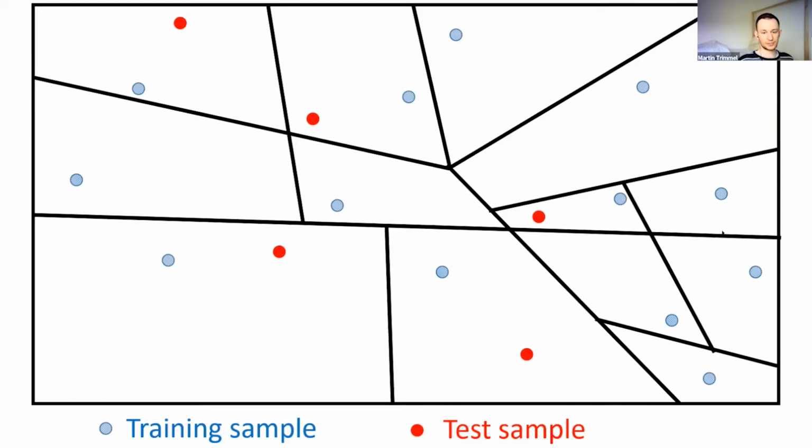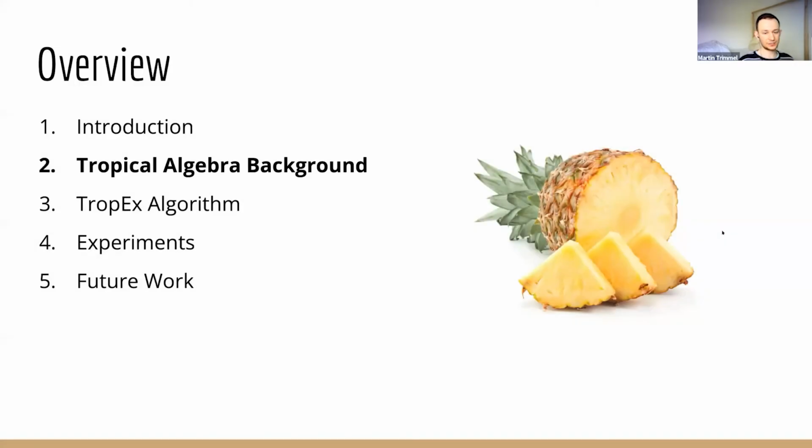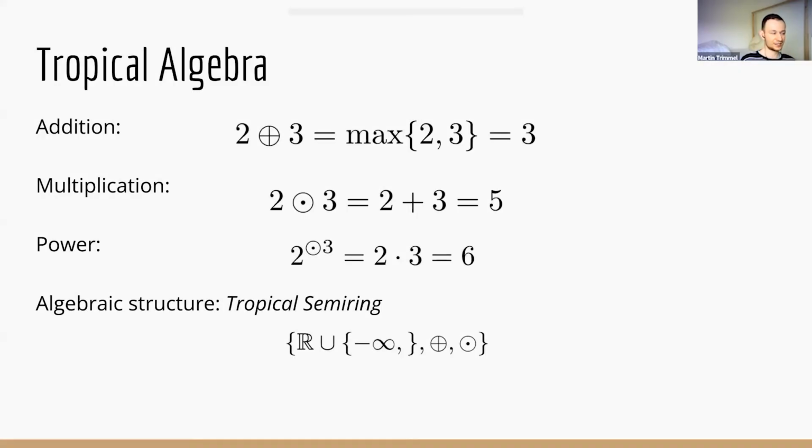So it turns out that ReLU networks can be analyzed using tropical algebra. Before explaining our method, I will therefore need to introduce some basic tropical algebra notation. In a tropical algebra, there are two operations called tropical addition and tropical multiplication.